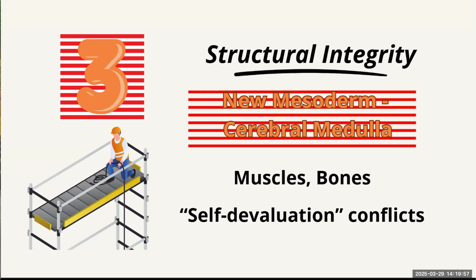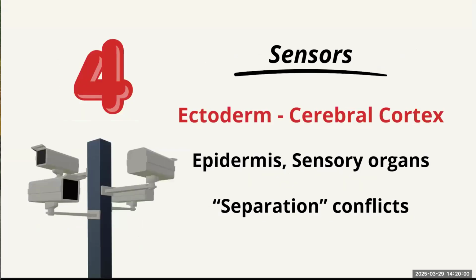The fourth layer is the ectoderm, which is all about our sensors, anything that we use to relate to the external world. And this is the last layer, the newest layer, which is the cerebral cortex. So the cortex is the newest kid on the block in terms of brain evolution. And this is also the most nuanced.